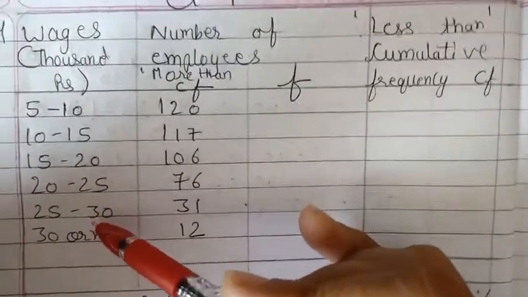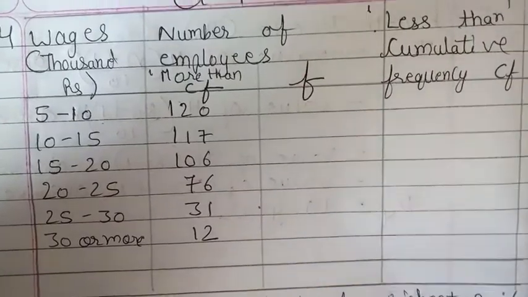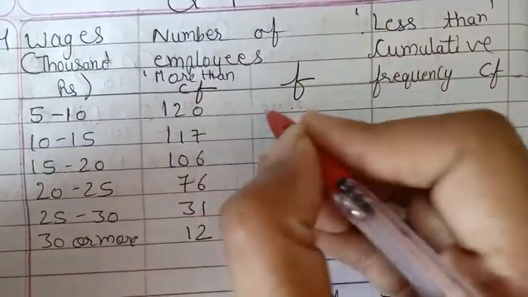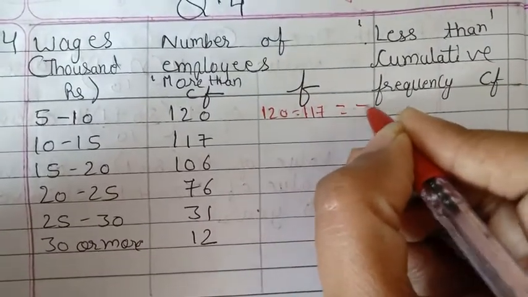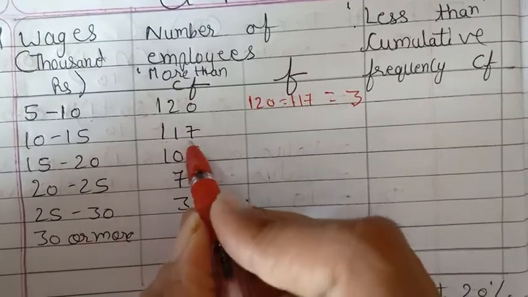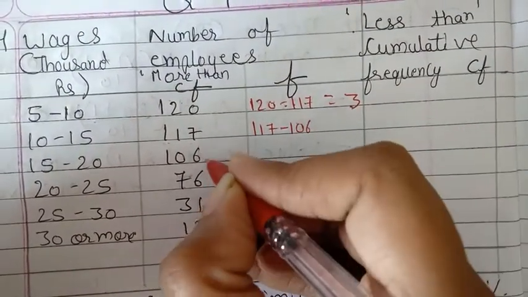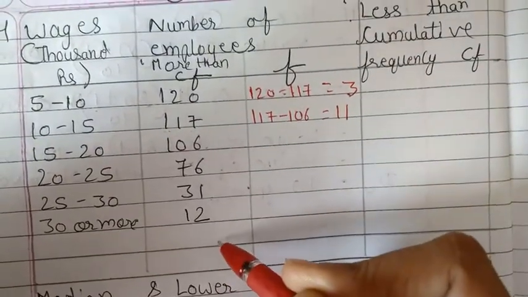Now we have converted it into classes. There is frequency and number of employees. Frequency, how to convert? 120 minus 117, that will give you 3. Then 117 minus 106, it will give you 11. Same way we have to find for all of these.